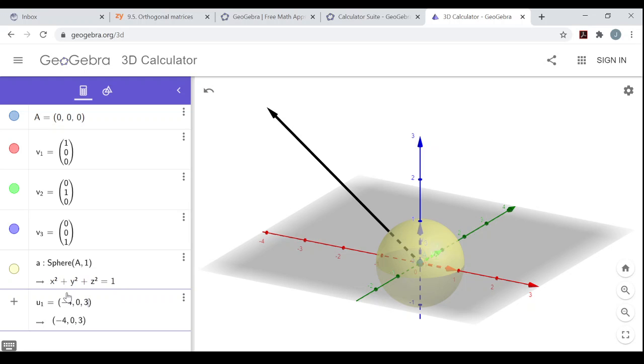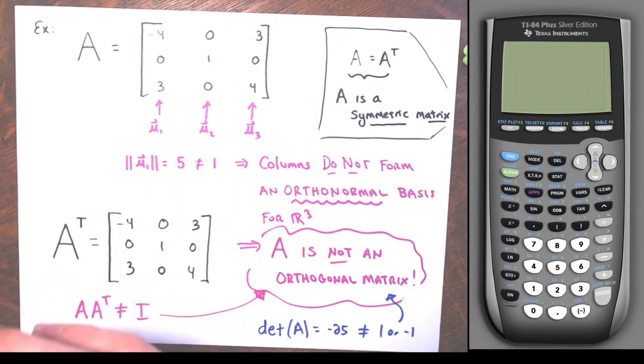So lengths are not preserved under this transformation, the transformation that's represented by this matrix. So the matrix is not an isometry. I could stop there and say this matrix does not represent a transformation that is an isometry.